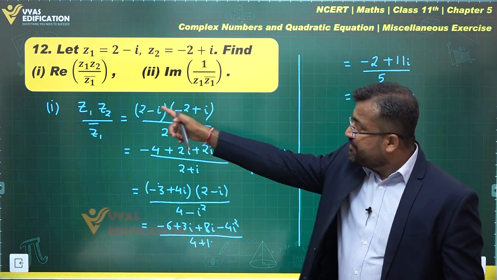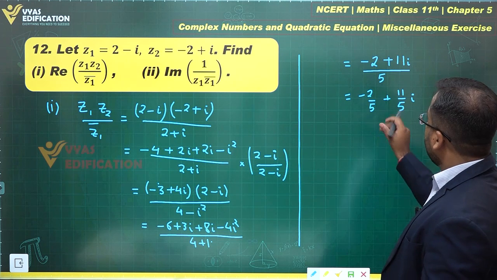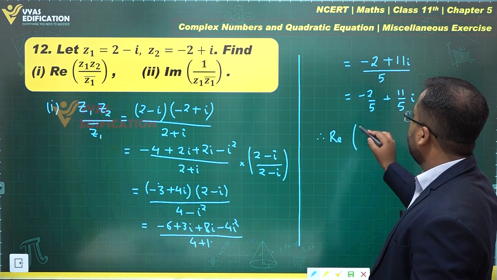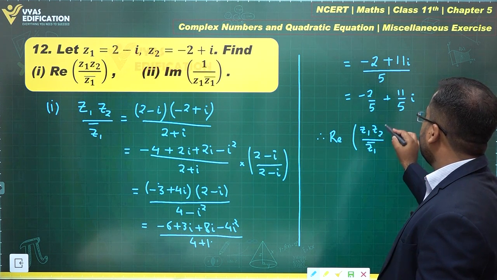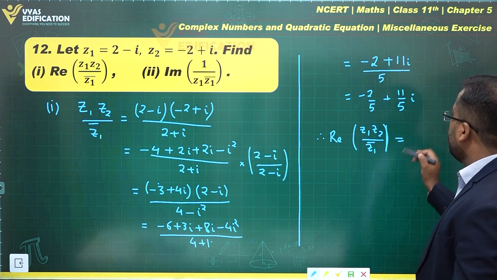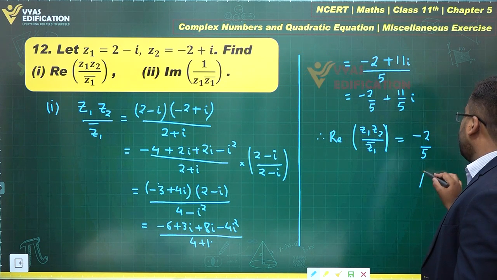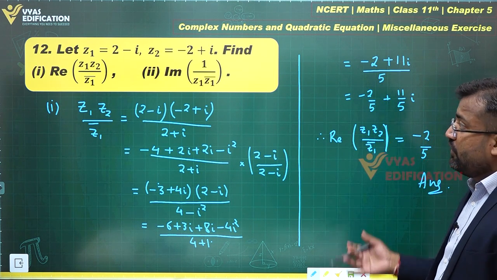This is the expression that Z1 Z2 over Z1 bar is equal to. Therefore, real part of Z1 Z2 over Z1 bar is actually equal to what? Real part of this whole thing, as you can observe, is simply minus 2 by 5. And yes, that is my answer for this question over here.